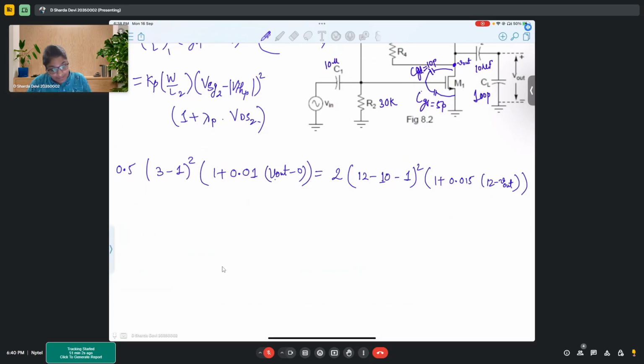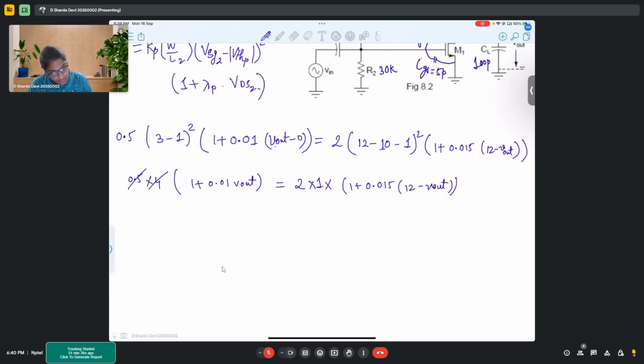So now here, this is 0.5 into 4, 1 plus 0.1 V out, into 2, 2 into 1, into 1 plus 0.015 minus 0.